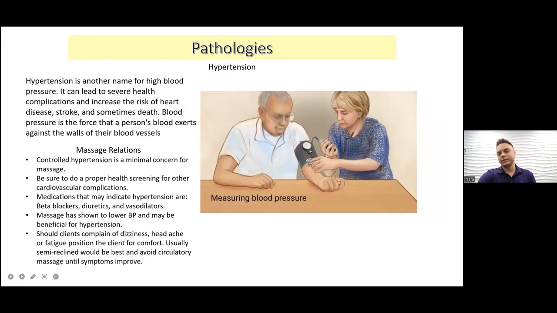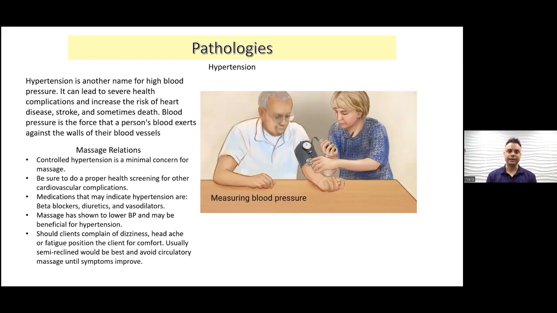Hypertension. So hypertension is the technical term for high blood pressure. Hyper, well, excessive. Tension, well, of course, in this case, the tension on the arterial walls, blood pressure, right? So high blood pressure is a concern for massage for a few reasons.